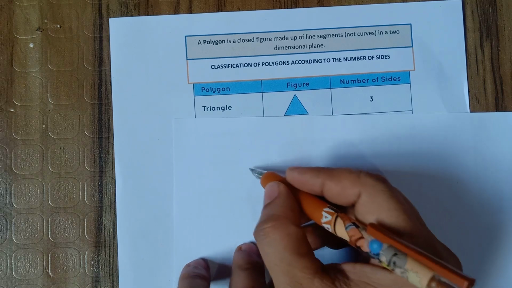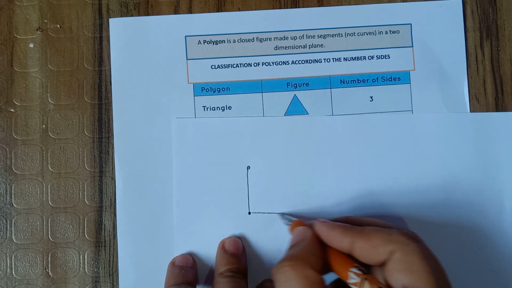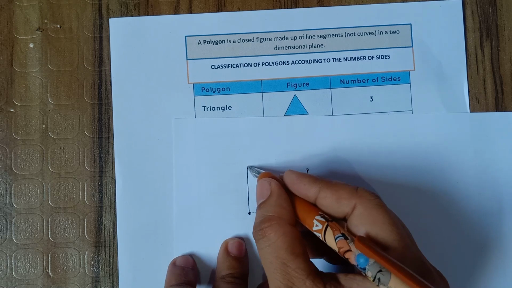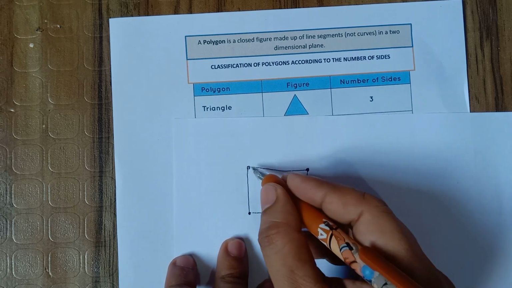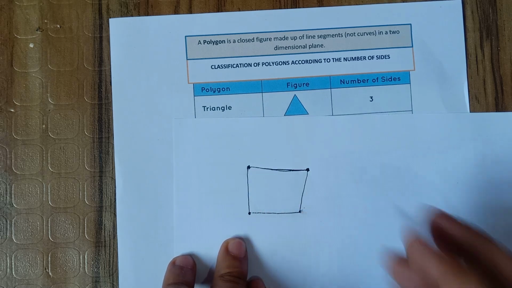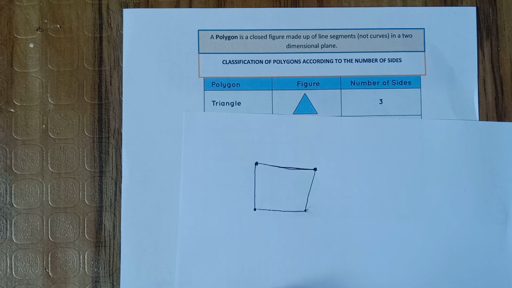Alright, so a polygon is made up of line segments. If you connect these line segments, you will create a polygon. Now, class, always remember, a polygon must be a closed figure. What if you have an example like this?